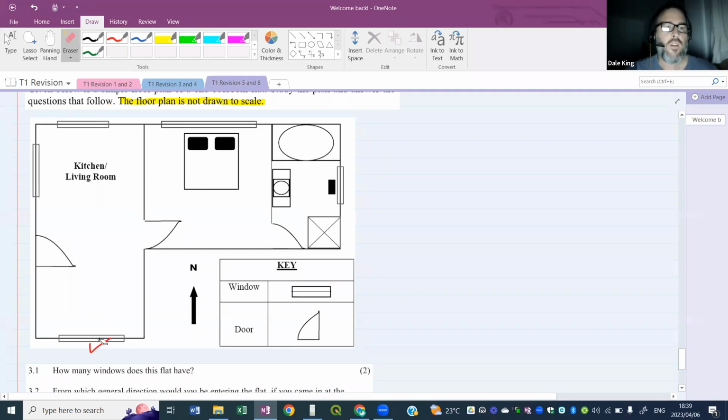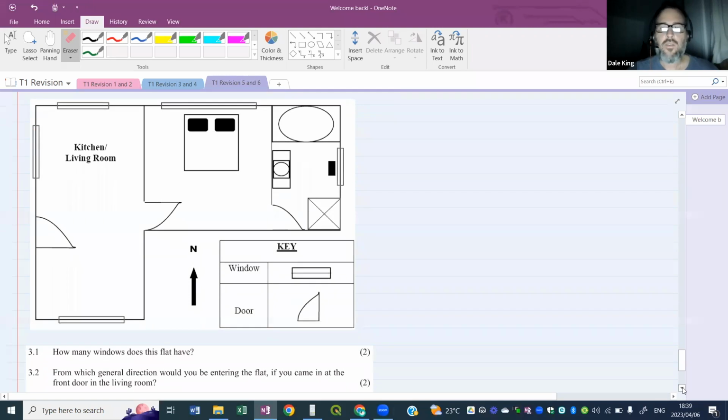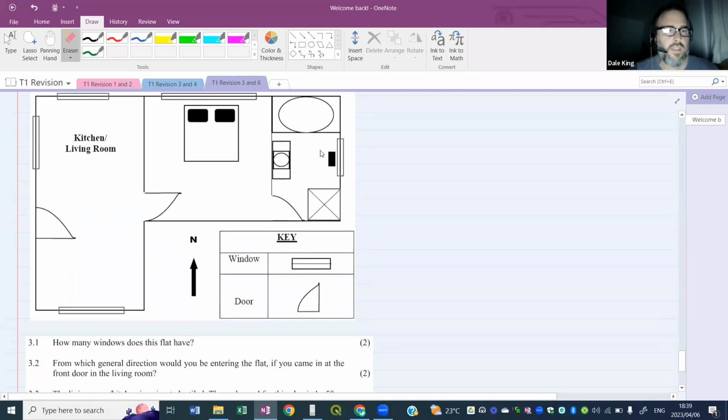Next question. It says there at the bottom, from which general direction would you be entering the flat if you came in at the front door in the living room? Now, be careful with your answers. Let's read this again.